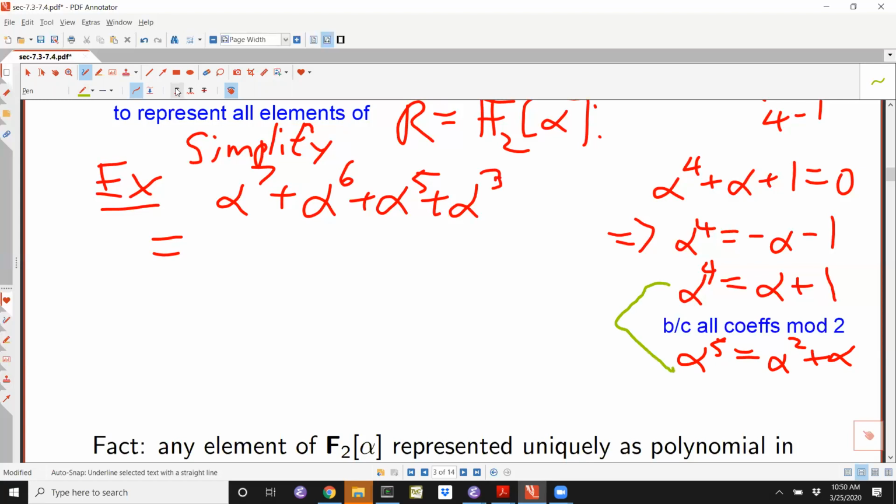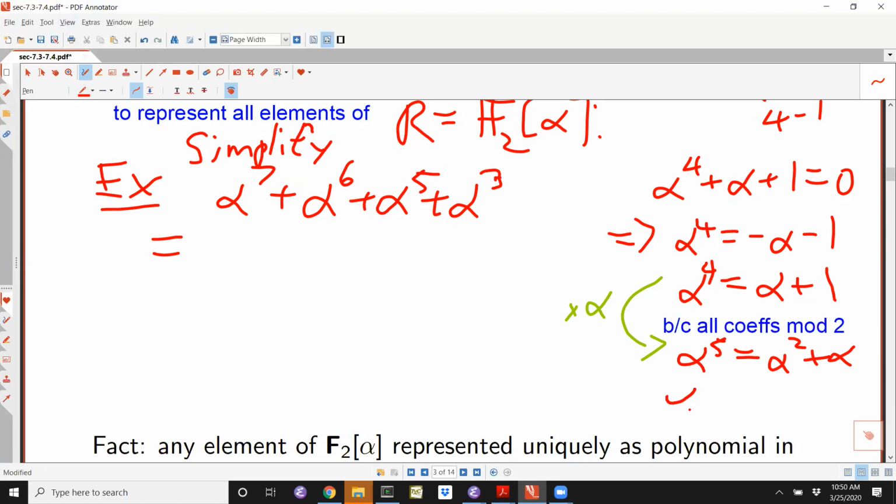I got this new rule by multiplying both sides by alpha. So if alpha to the 4th is equal to alpha plus 1, it must follow that alpha to the 5th is equal to alpha squared plus alpha by multiplying both sides of that equation by alpha.